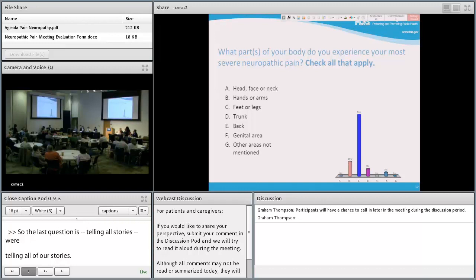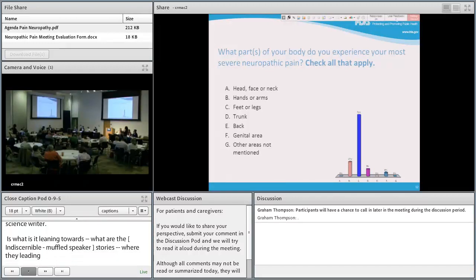Where are these individual stories leading to in terms of research priorities? What is the status of the research that is going on? What do we need to do about that research as it might apply to our individual problems, because all of it is so individualized.